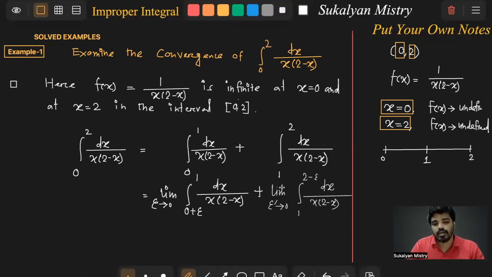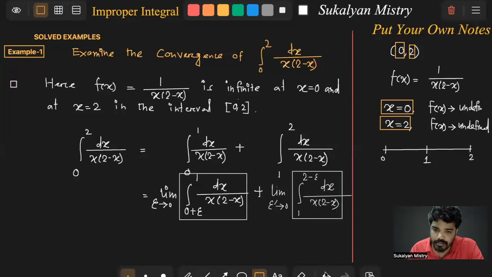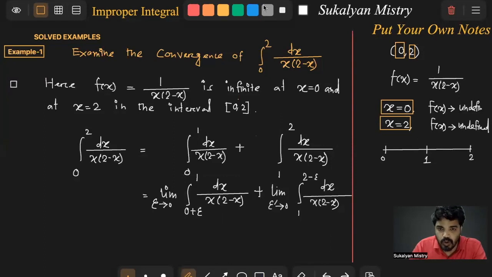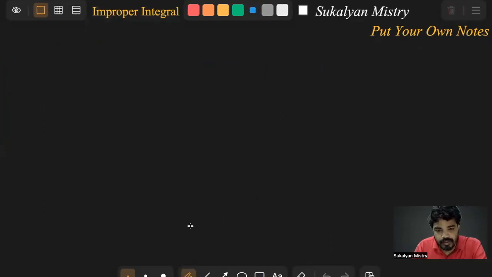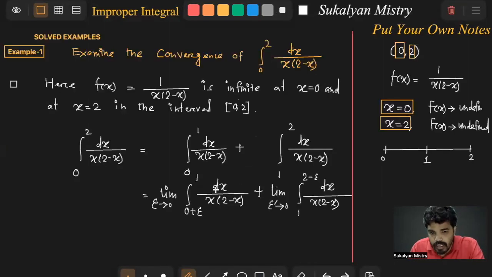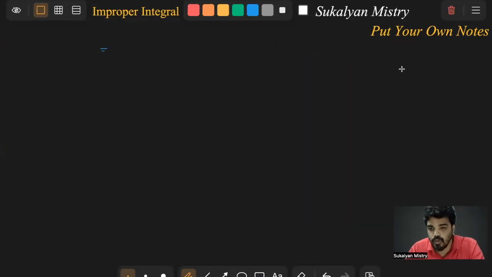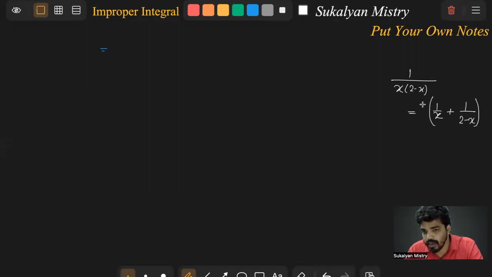Okay, clear? So now we have to integrate this integral as well as this integral. Okay, just see. So 1 by x into 2 minus x, right? So just see, 1 by x into 2 minus x can be written as 1 by x plus 1 by 2 minus x. Take the LCM, then you get the numerator 2, so I just multiplied by 1 by 2.